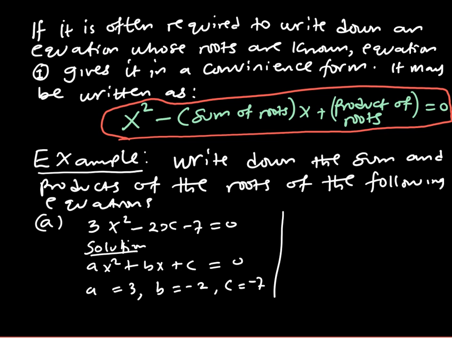Okay, and we know that the sum of roots is always minus b over a, which is, get your b, minus 2, minus of minus 2 will be 2, divided by a, which is 3. And then the product is simply c over a, and my c is negative 7, divided by a, which is 3.